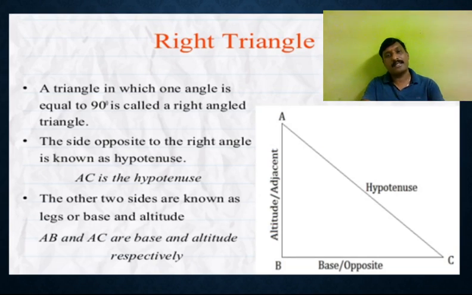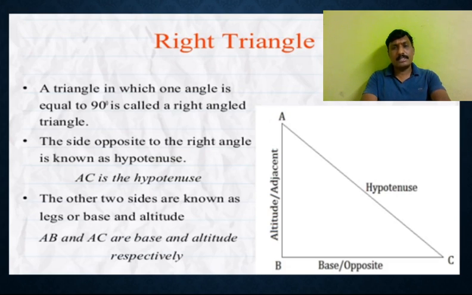The other two angles automatically become acute angles. Why? Because one angle is 90, so the sum of the remaining two angles is 90. In the triangle on the screen, angle A is an acute angle, and angle C is also an acute angle.